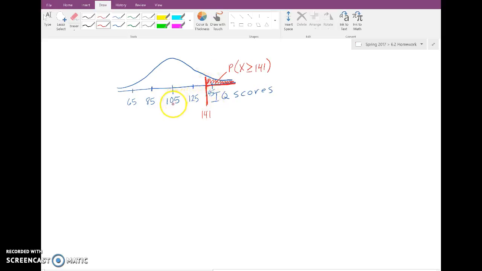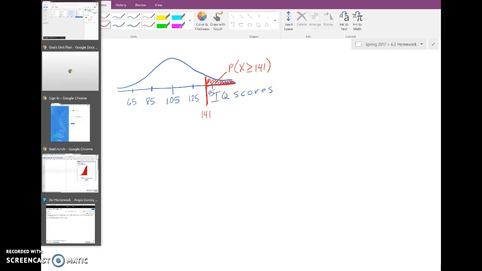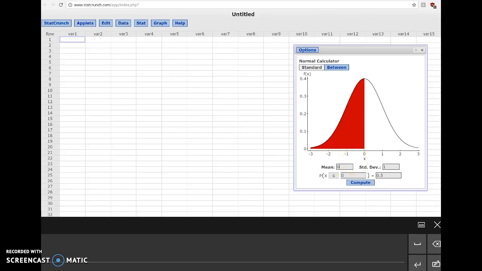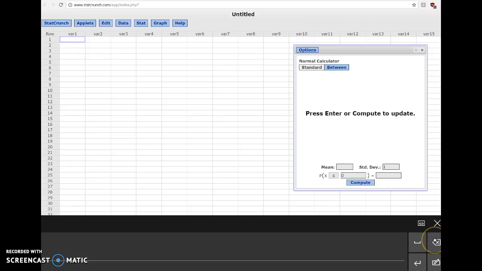So let's remember our mean is 105, our standard deviation is 20, and the score we're looking at is 141 or higher. So going back to StatCrunch, over here I type in a mean of 105, and my standard deviation is 20.